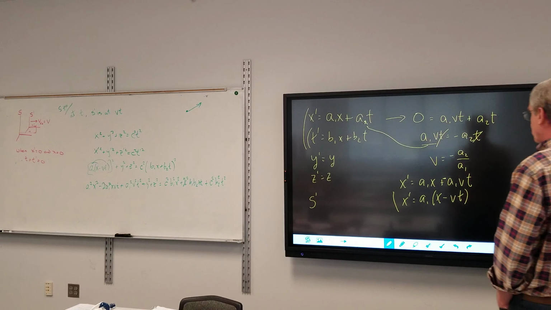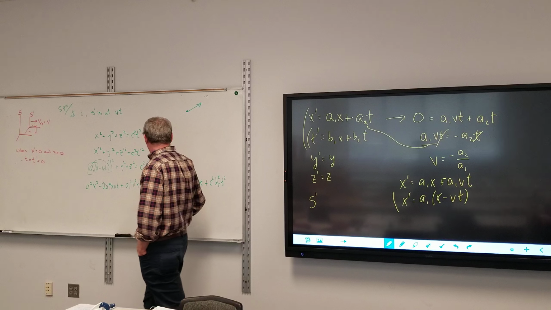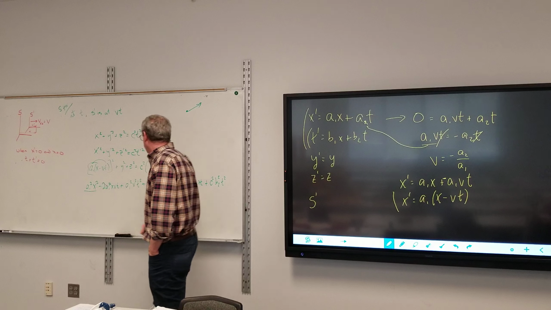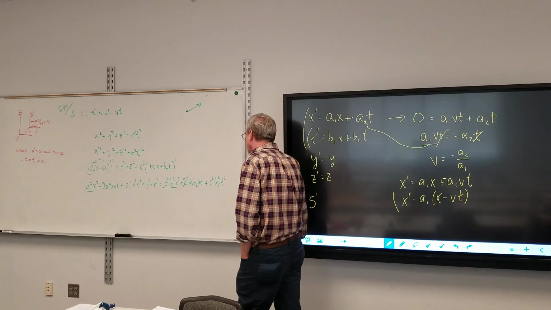All right, so let's get it into something like this form right here. So I'm going to get my x squared terms together, my y squared terms, my z squared terms, and my t squared terms. So my x squared, I've got this term right here, and that term right there. I think those are my only terms with x squared in it.